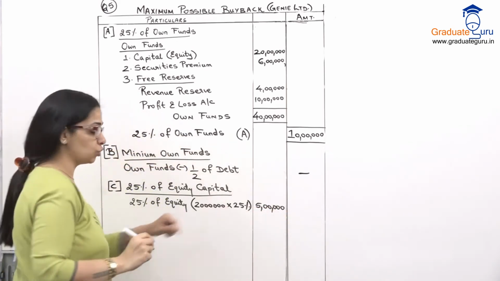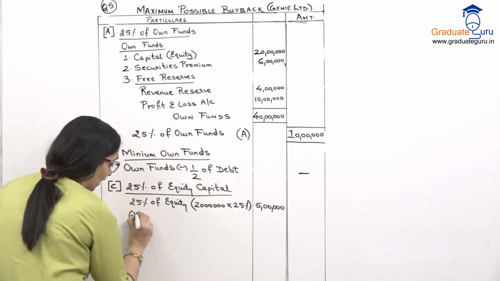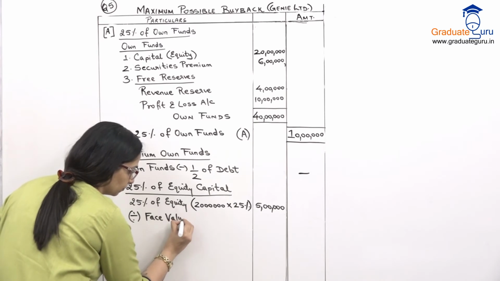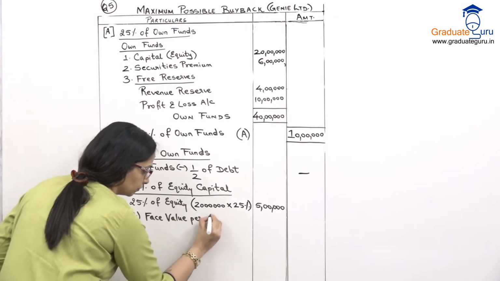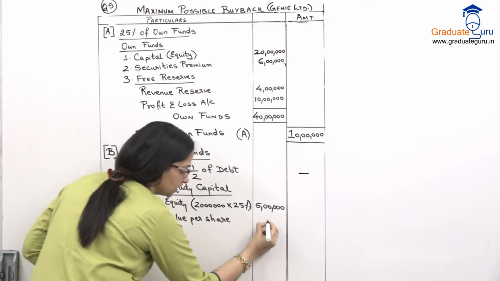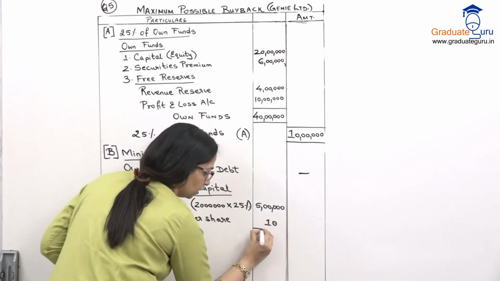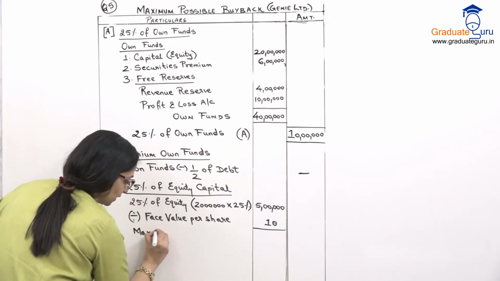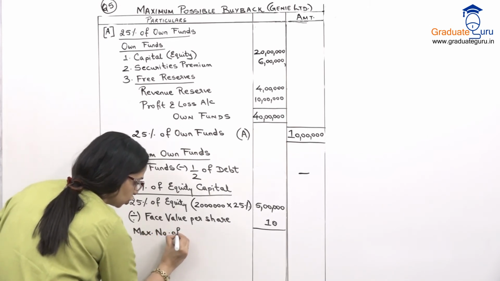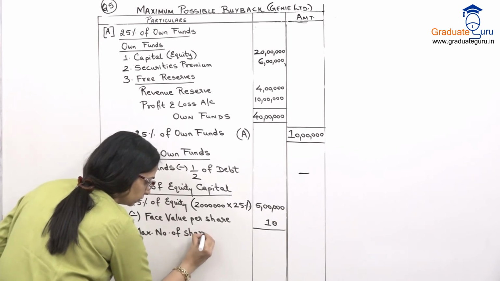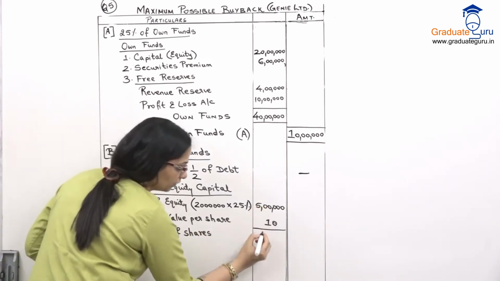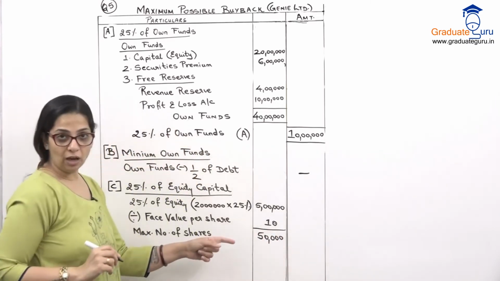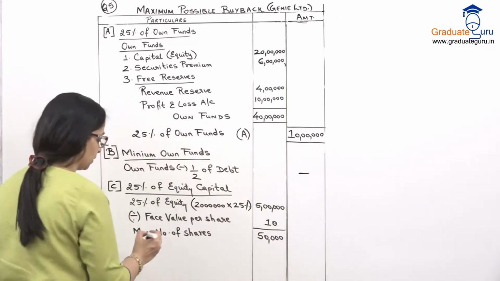Right? 20 lakhs into 25%. We divide it by the face value per share, which is 10 in our case. So after division, we will get maximum number of shares, which is 5 lakh divided by 10, 50,000. This is my number of shares.